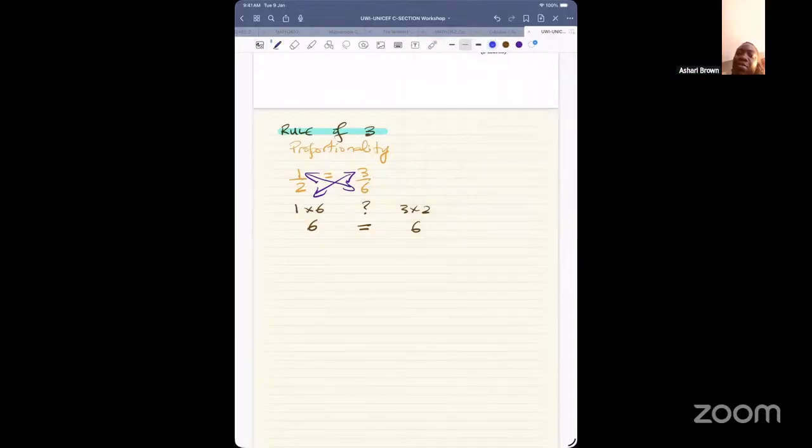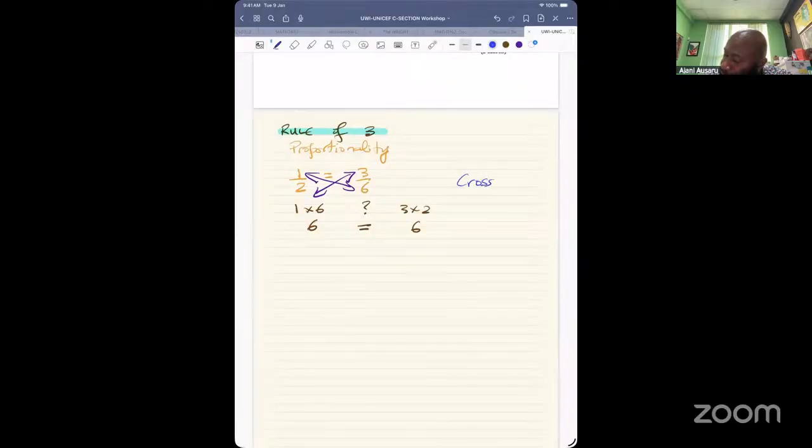This is why you can cross multiply. Cross multiplying really means that we have equivalent fractions, always, no matter how algebraic it looks, how complicated it looks. It means you're allowed to cross multiply, because we have equivalent fractions.